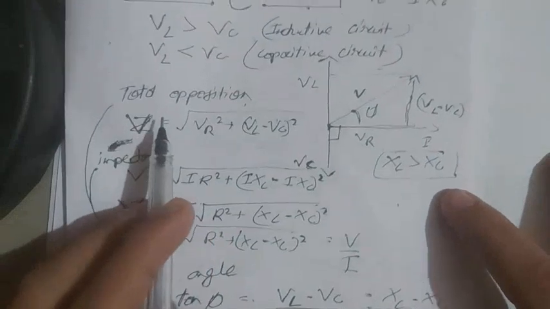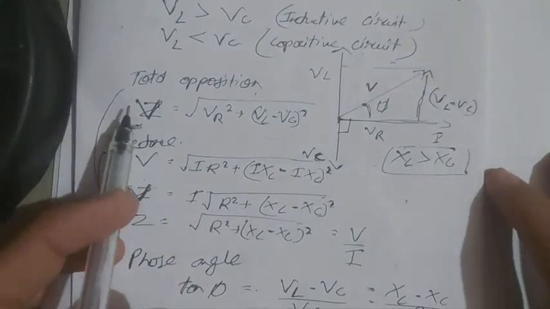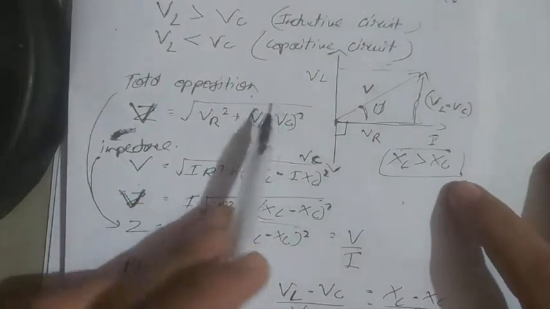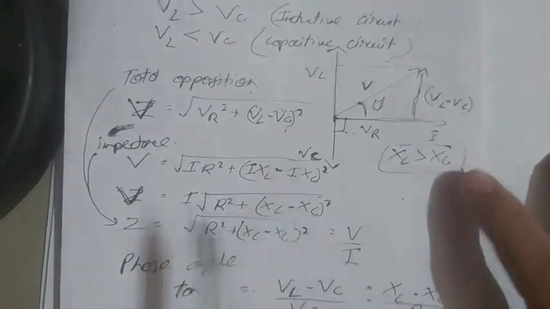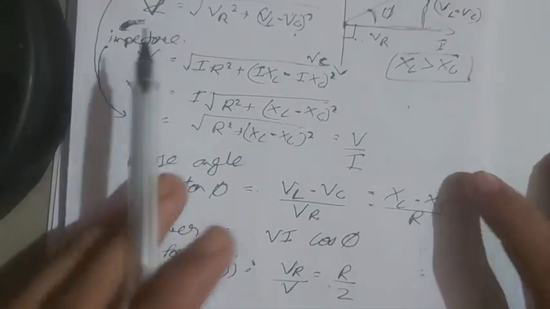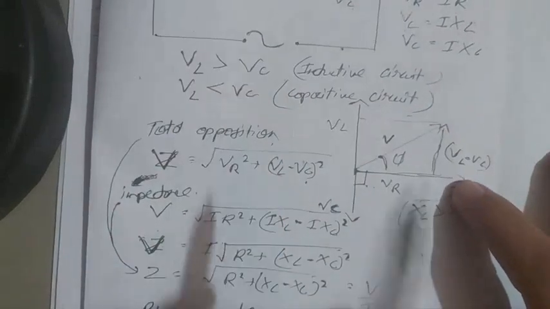So V is the total opposition. Similarly, by Pythagoras theorem, V is equal to root VR square plus VL minus VC whole square. After that, here we are discussing the inductive circuit because the value of VL is greater than VC.